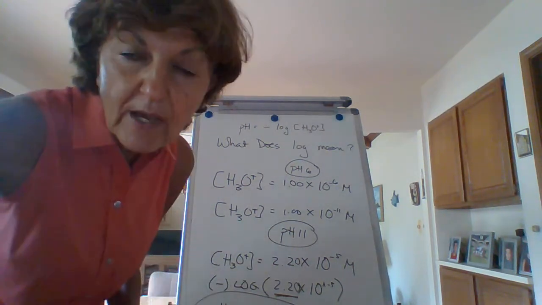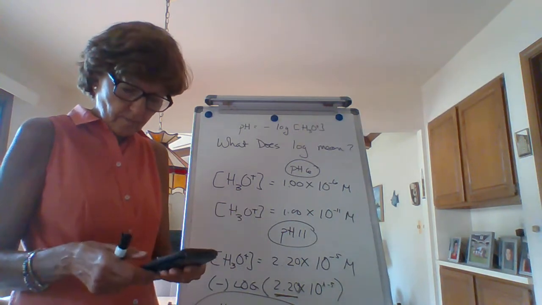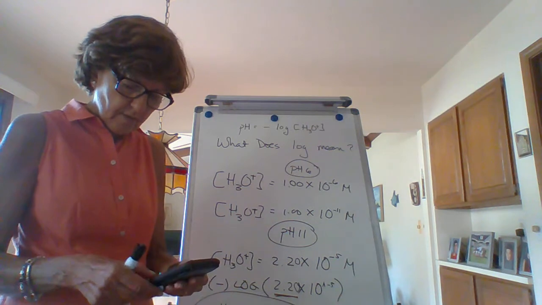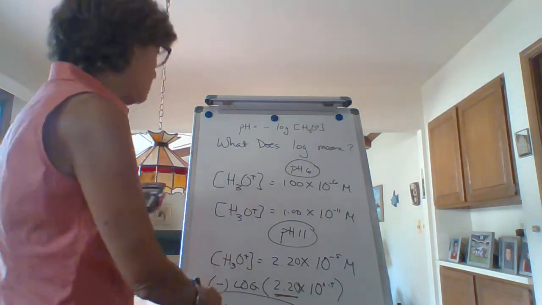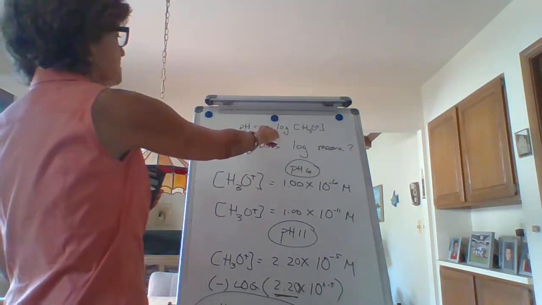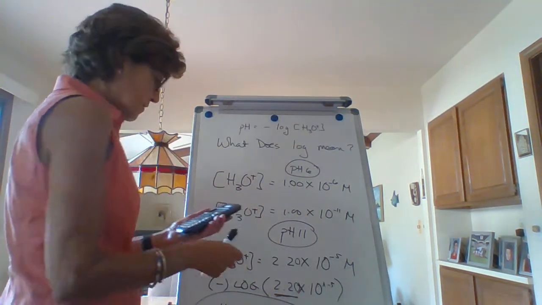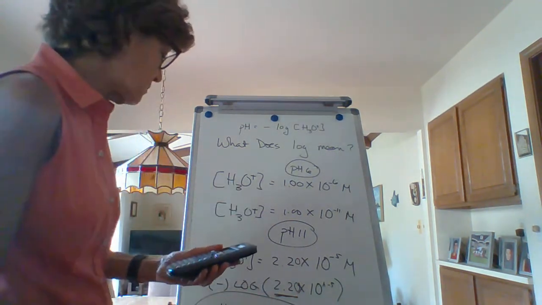Now, if you have the other type of calculator with the EE button, let's turn this on. You do it a little backwards. So this one was exactly this, minus log, open parentheses, you put it in, close parentheses. This one, you actually put the number in first, if I remember correctly.